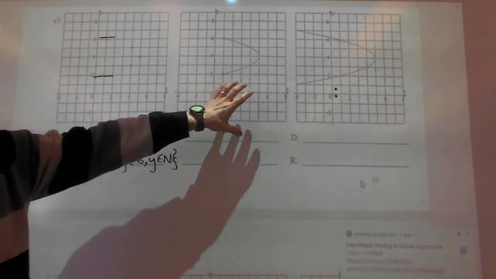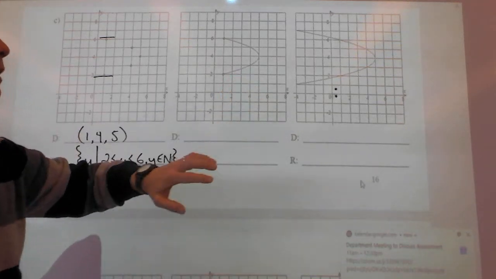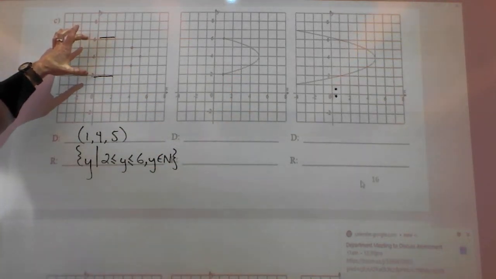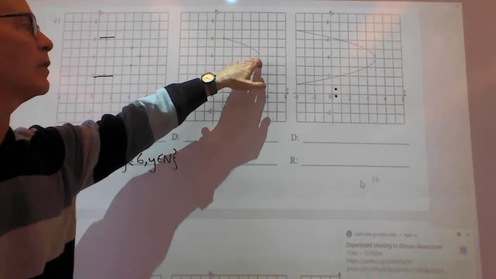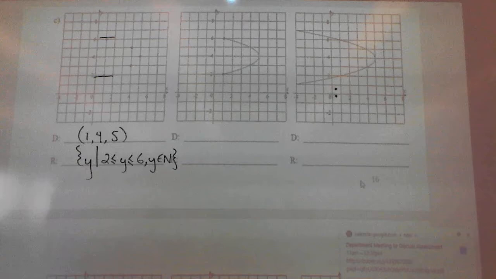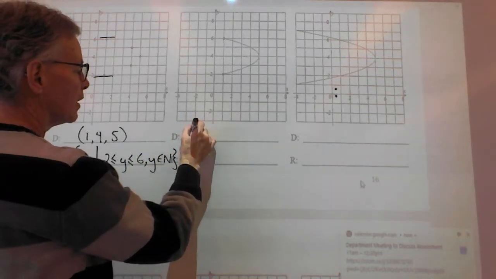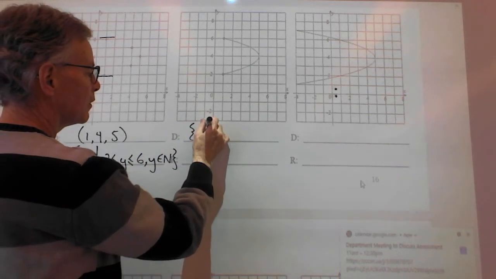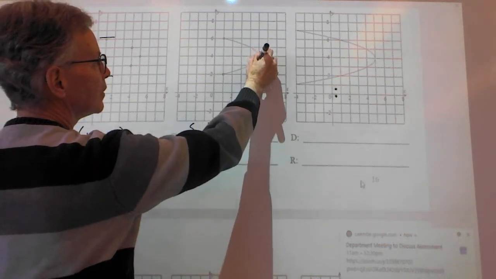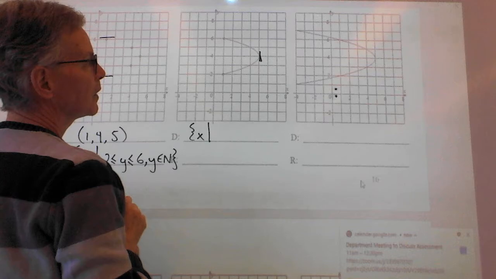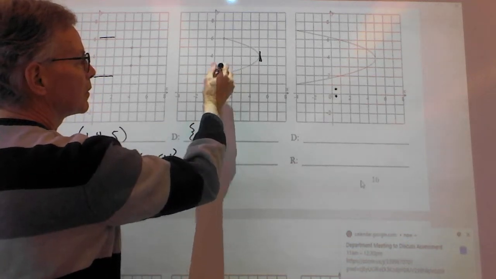Moving on to this one, which looks very similar, except the plotted points are joined together, you have this nice solid line. That would have a domain where you have x values such that, this is the furthest to the right my x values go, this is the furthest to the left.